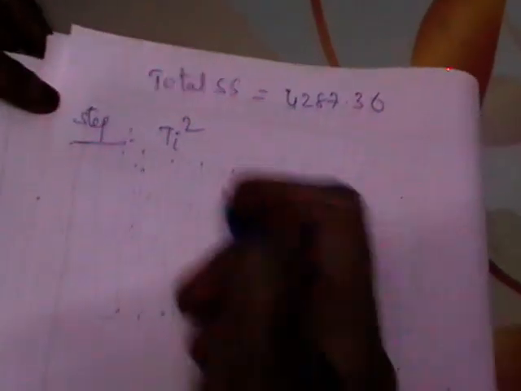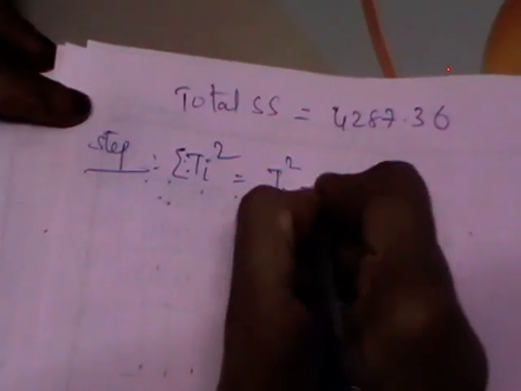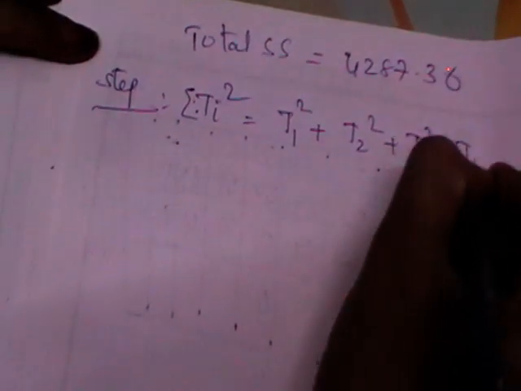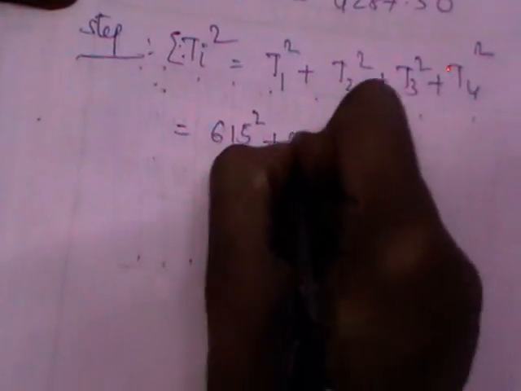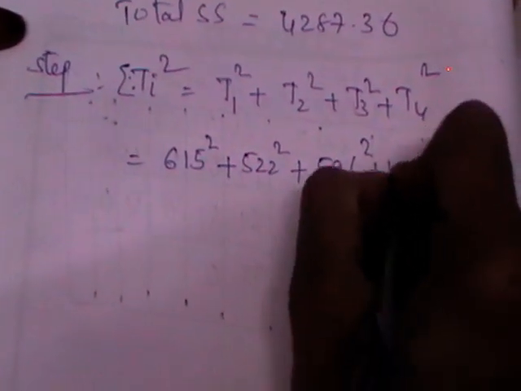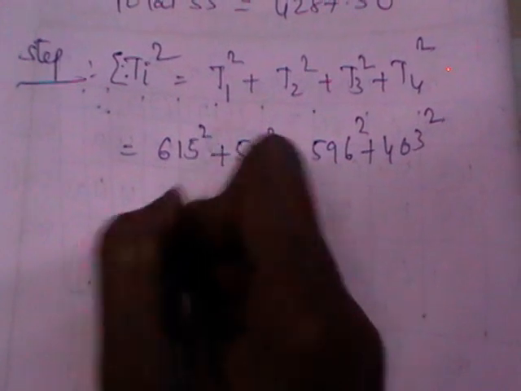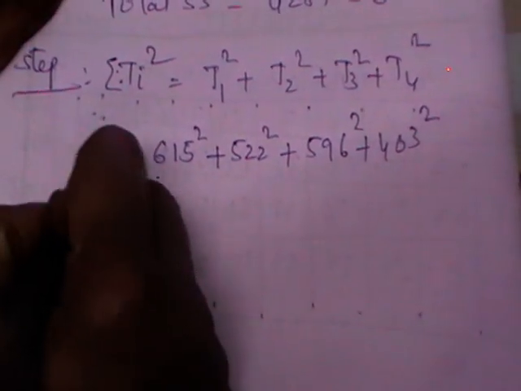Then to calculate the treatment sum of squares, first of all you should calculate Ti square. That means T1 square plus T2 square plus, how many do we have? 4 rows, no? T4 square. The first row we got 615 square plus 522 square plus 596 square plus 403 square. You should find sigma Ti square by Ni.